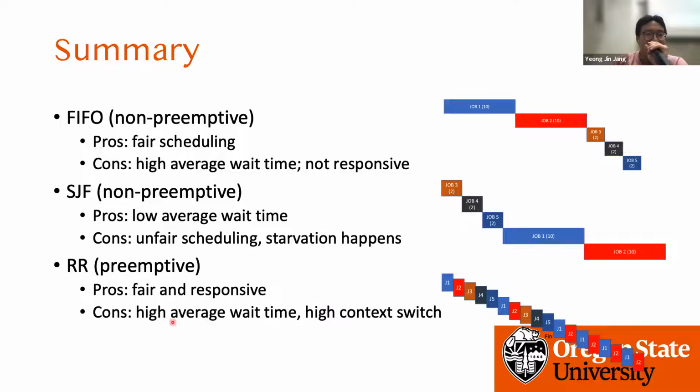But the problem is that it will have a high average wait time because shorter jobs are waiting here, yeah, but not as high as FIFO, yeah. But it will involve a lot of context switch overhead. Any questions about these basic schedulers?